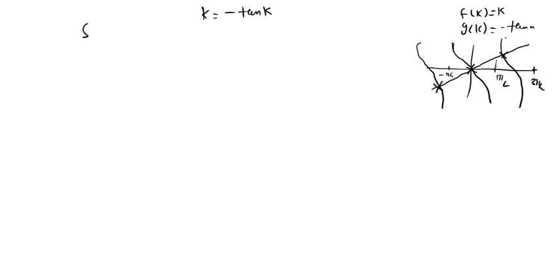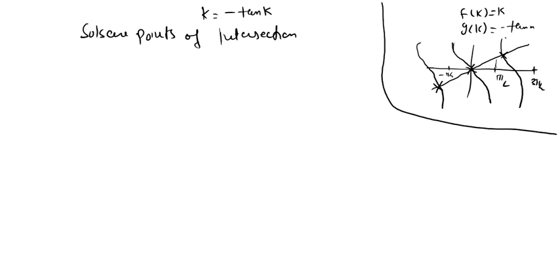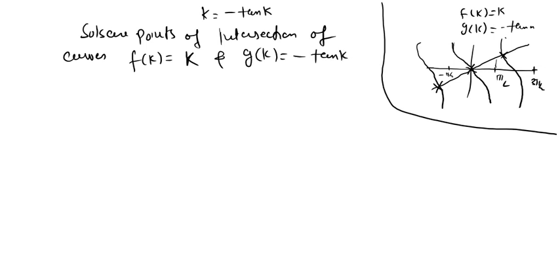So the solutions are the points of intersection of the curves f(k) equal to k and g(k) equal to minus tan k.